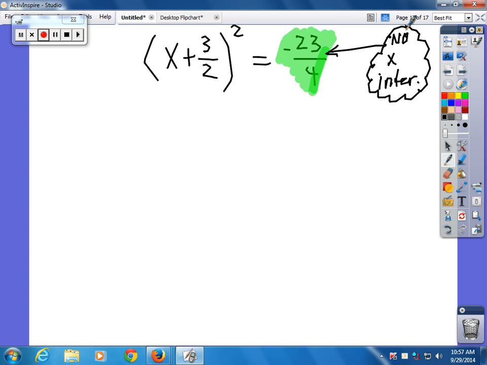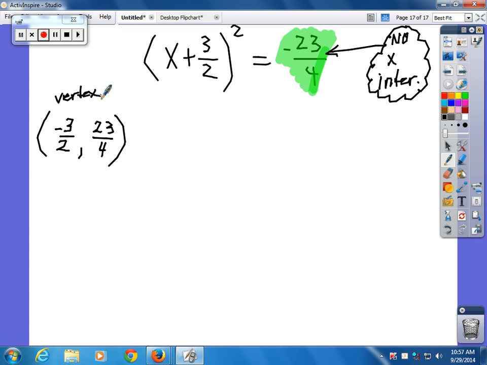So, our vertex is negative 3/2 and positive 23/4. Now you can change that to a decimal so you can graph it, or you can graph it however you want to, but that's your vertex. I took the opposite of this, and I took the opposite of this. And that's your vertex.